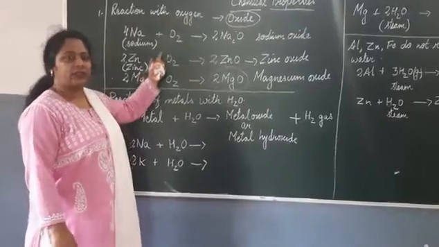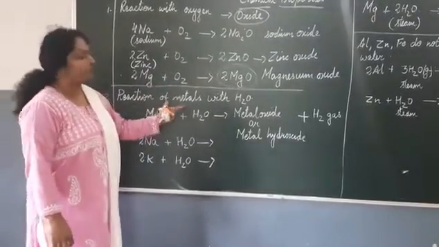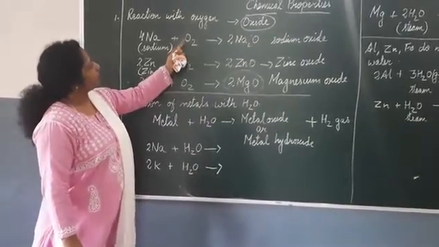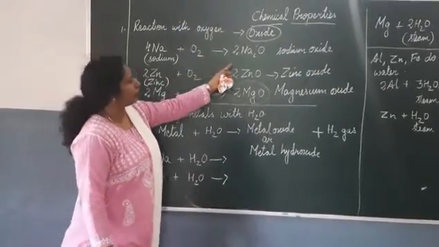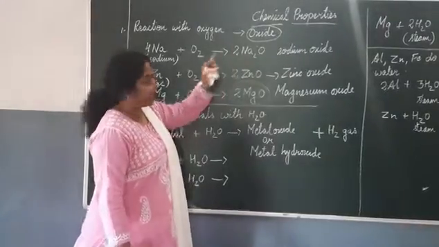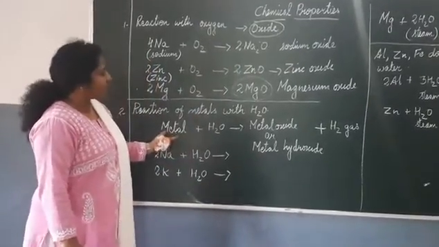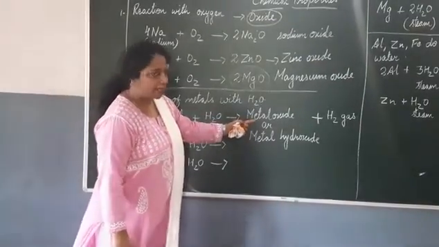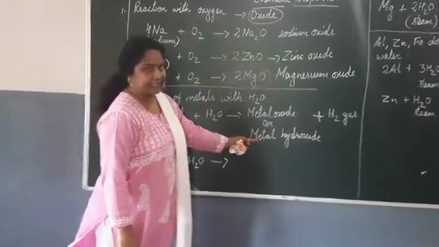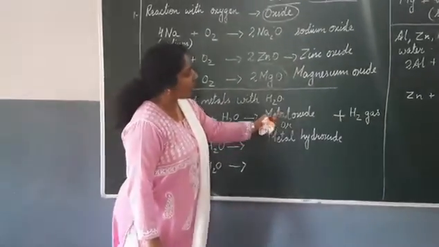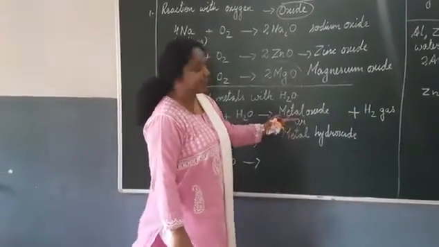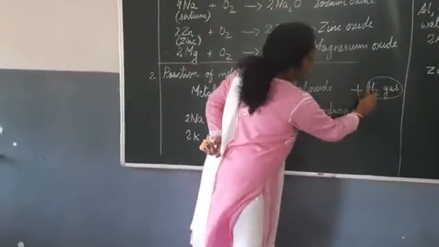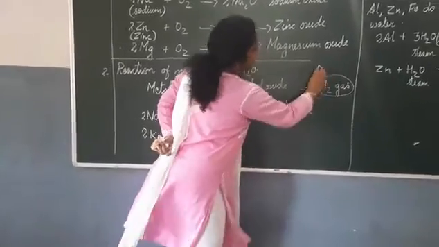The reaction with oxygen done, we will move on to the reaction of metals with water. Like the metals react with oxygen, what do they form? They form metal oxide. In the same way, when metal reacts with water, they will form either metal oxide or metal hydroxide, and along with it, hydrogen gas is evolved.